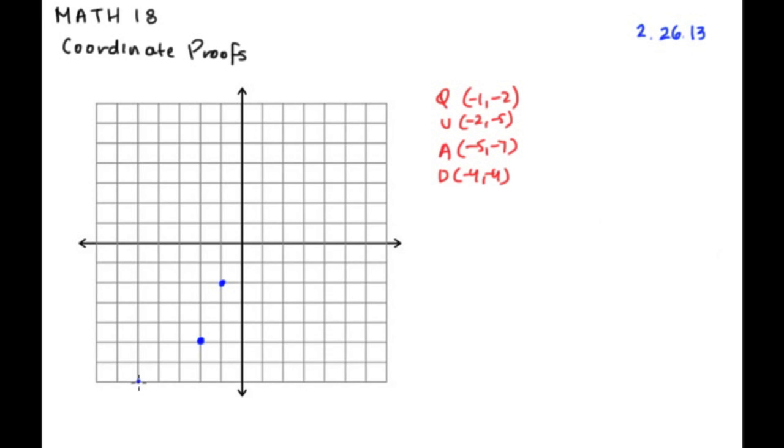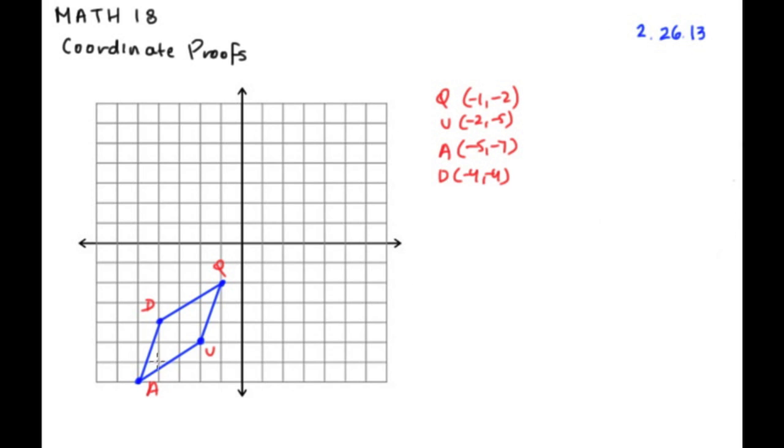This is A. And this is D. And let's connect these with a line to the best of my ability. And that's quad QUAD. And we need to show that it's a parallelogram by showing the diagonals bisect one another.